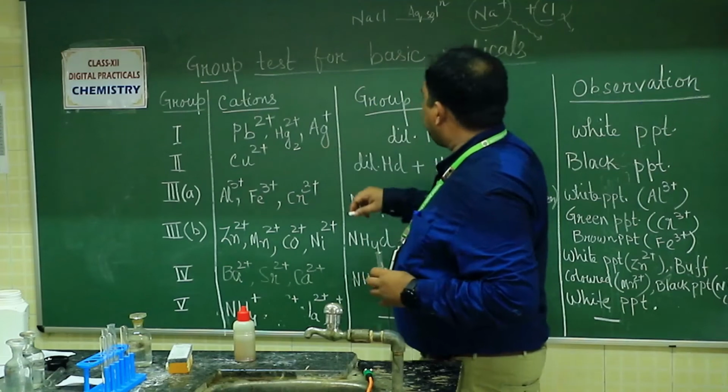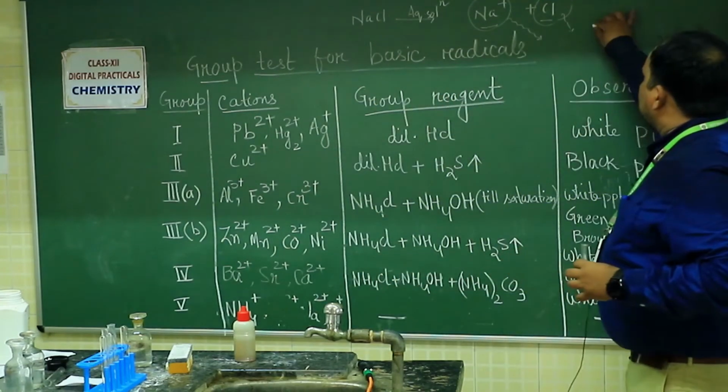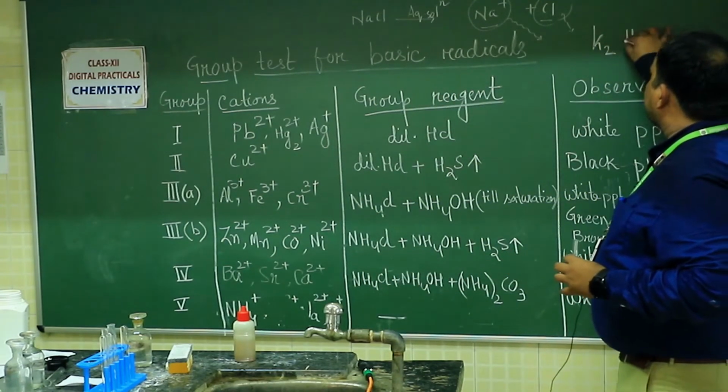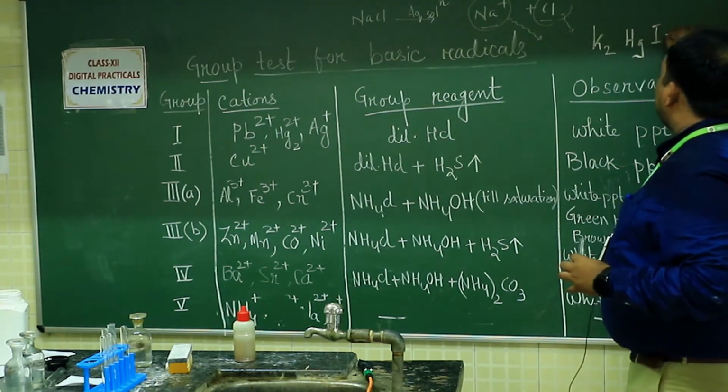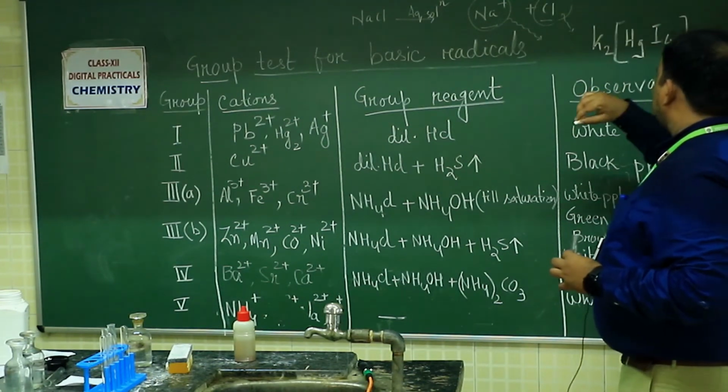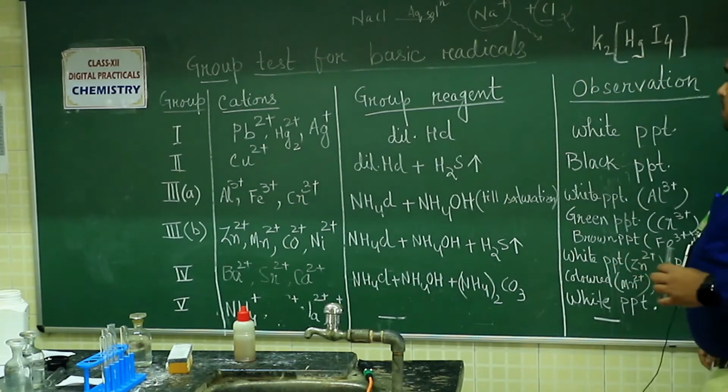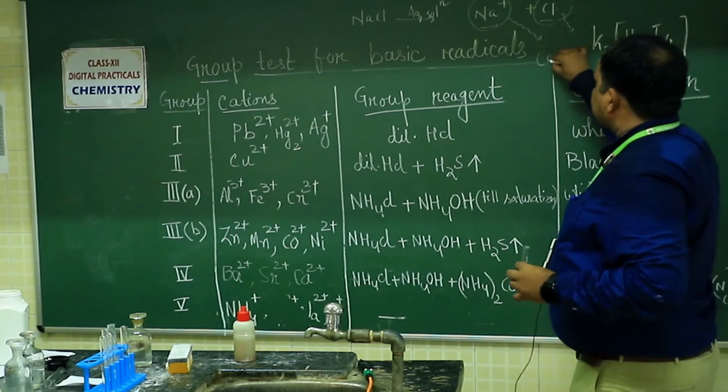So what is the formula of Nessler reagent? That is K2HgI4. K2HgI4. It is actually a coordinated complex.